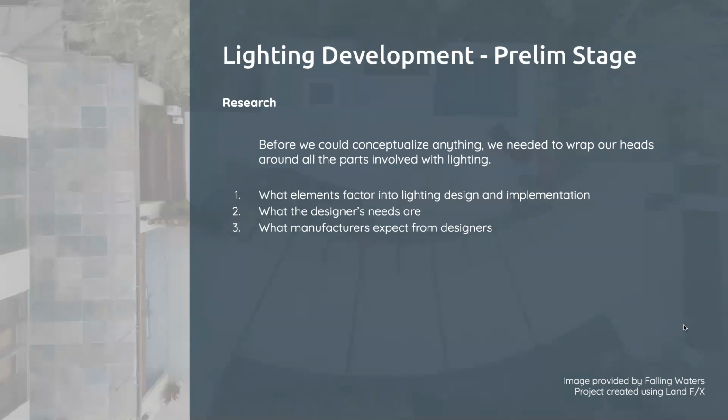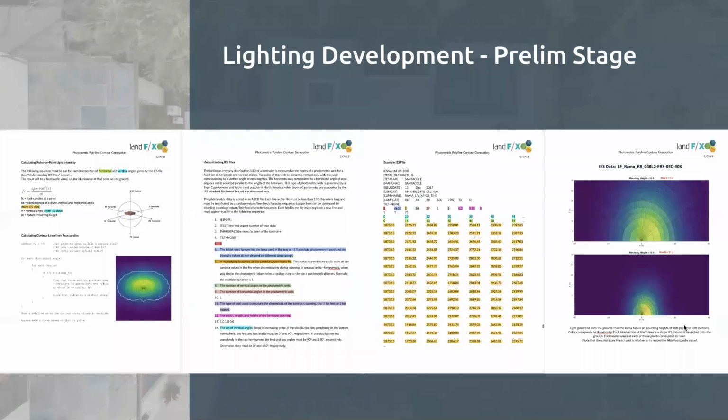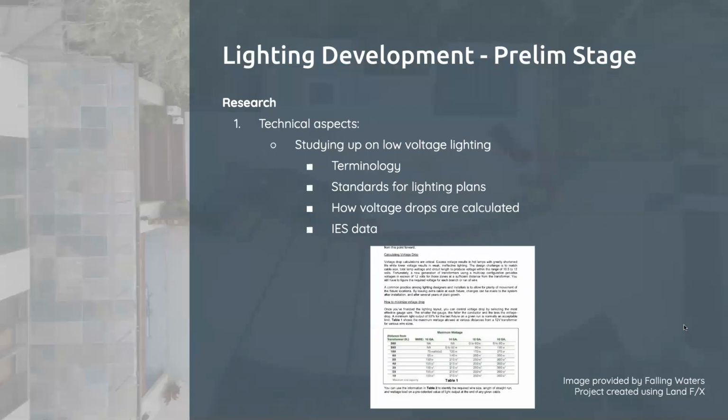We needed to find out what the designer's needs are, and also what our manufacturers were expecting from designers. So that led into research, and I broke this down: there's the technical aspects of the research, and then there's the user base of the research.